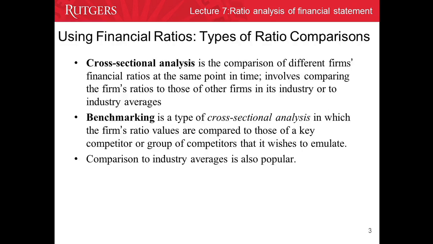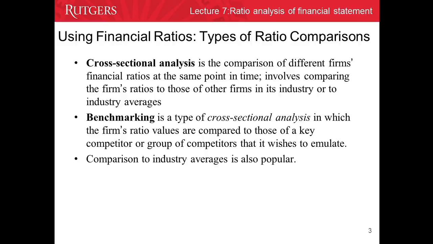Basically, there are several types of ratio comparisons. The first type is the cross-sectional analysis. It is the comparison of different firms' financial ratios at the same point in time. There are two kinds of cross-sectional analysis. One most commonly used cross-sectional analysis is benchmarking.